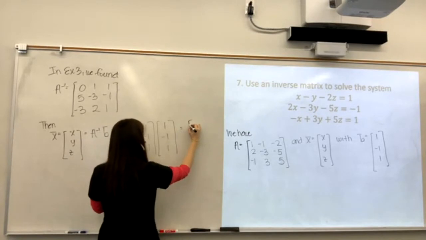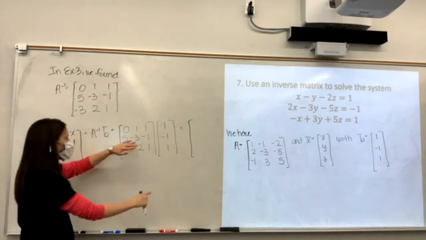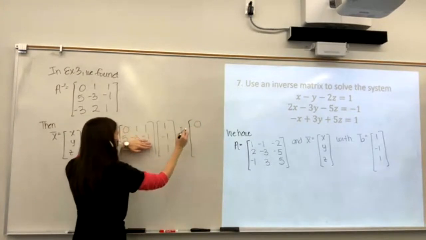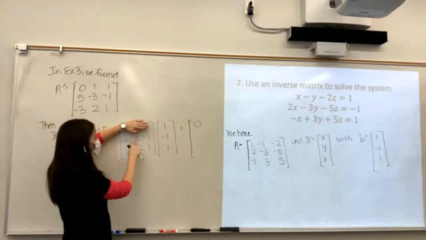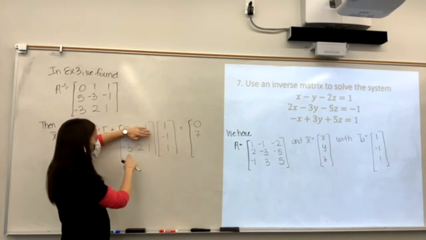That was a positive one. Wait just a second. All right, let's see. So 0, negative 1 plus 1. 5 plus 3 is 8. Minus 1 is 7.